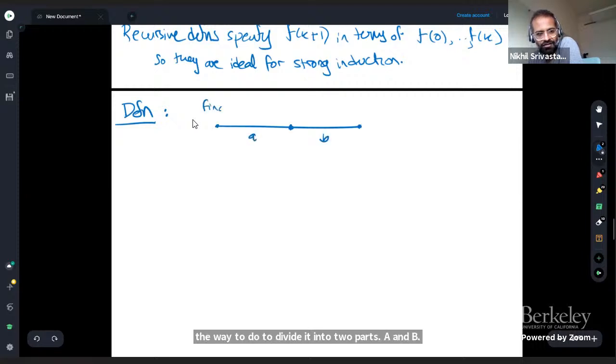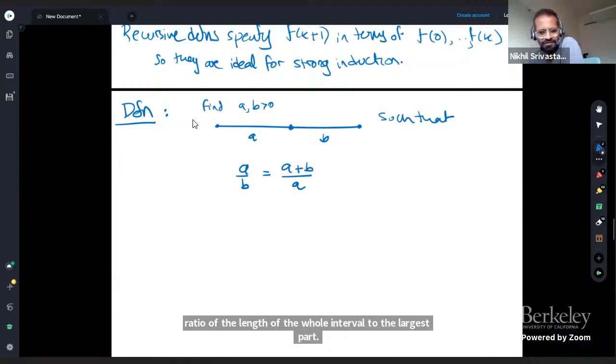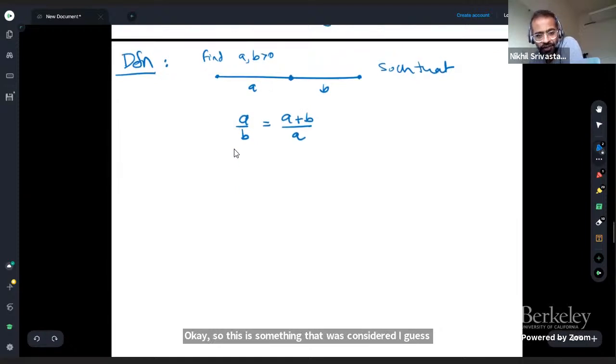So you want to find A and B positive numbers such that the ratio of the two parts, so A over B, is equal to the ratio of the length of the whole interval to the largest part. Okay, so this is something that was considered, I guess, thousands of years ago. And the answer to this, as you might know, is, well, let's solve this, right? So solve for x equals A over B.